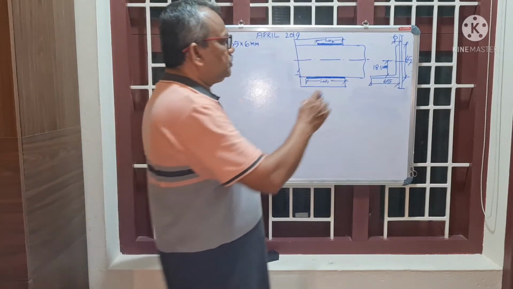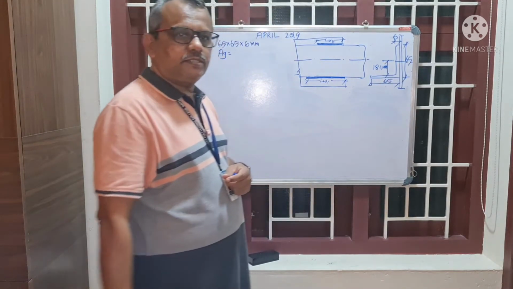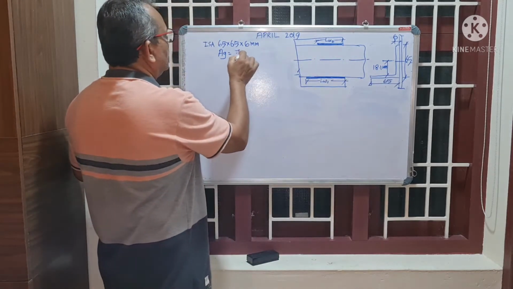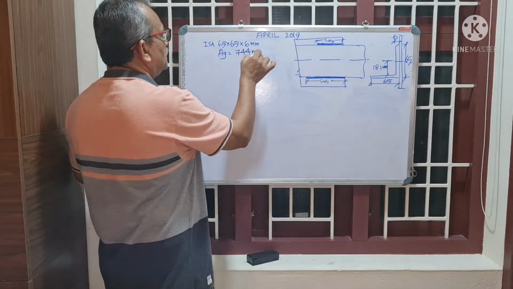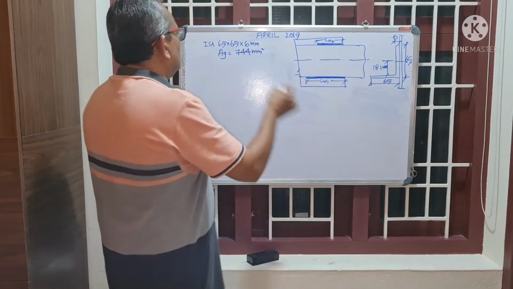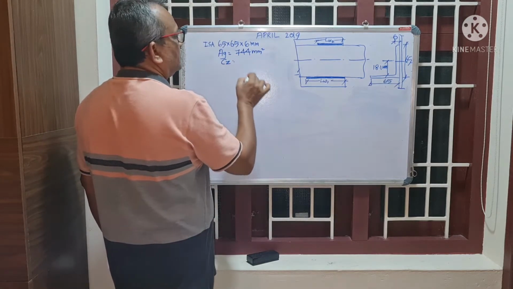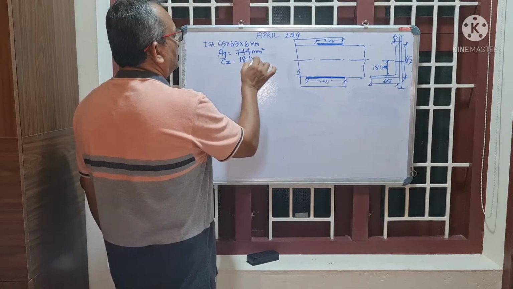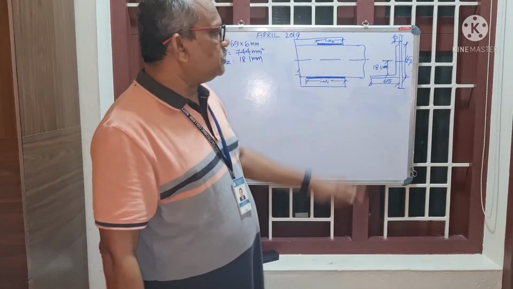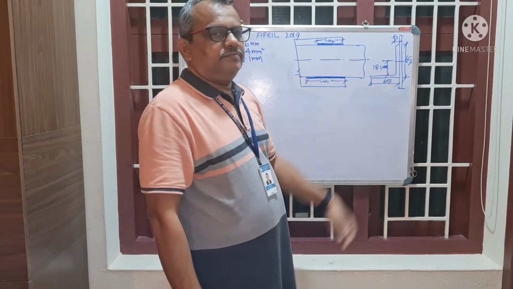(L minus t by 2) into t plus (b minus t by 2) into t. That is the gross area of the angle. Or directly you will get it from the steel table as 744 mm squared. And also the value of Cz is given as 18.1 mm from the table. What is 18.1 mm? That is the distance of the center of gravity of the angle from the bottom.